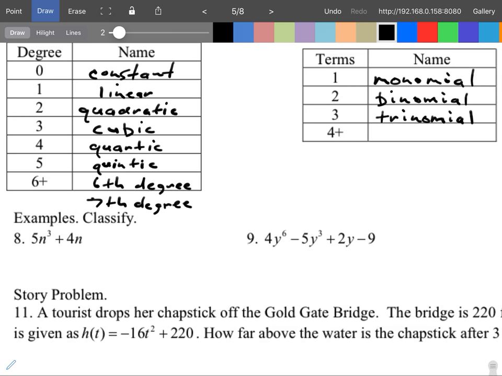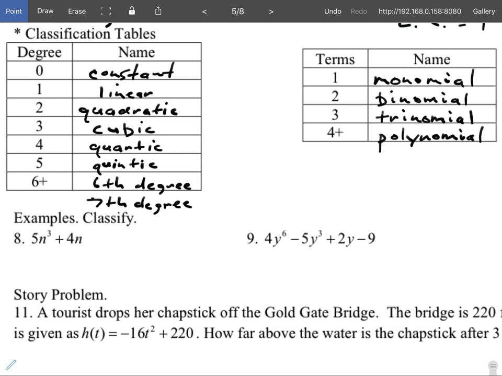And then if it's got four or more terms, they don't have a name for it. They just call it a polynomial. But be aware, a monomial, that's still a polynomial, okay? A binomial and a trinomial, those are still called polynomials.